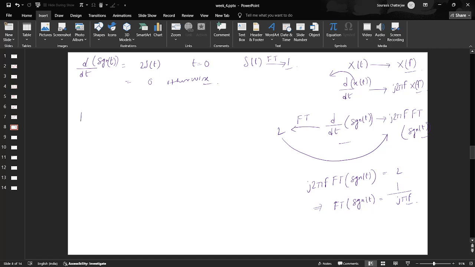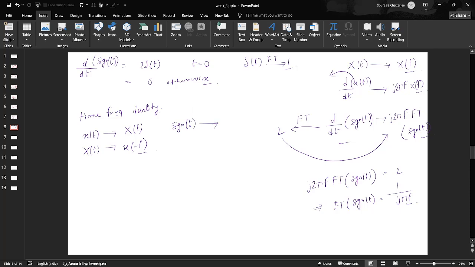Now I am going to use the time frequency duality, which basically says if small x(t) has Fourier transform capital X(f), then capital X(t) will have Fourier transform small x of minus f. Let us apply it here. Let me write it down side by side.